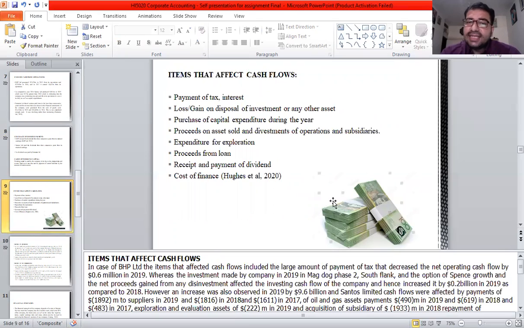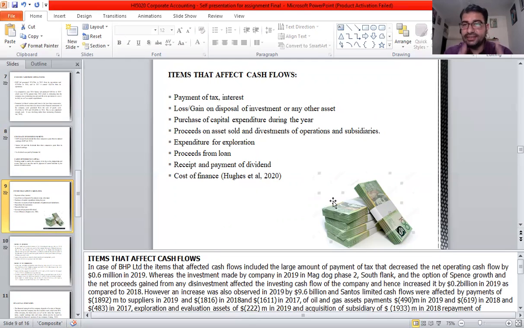Items that affected the cash flow were the payment of tax, interest, loss or gain on disposal of investments or any other assets, purchase of capital expenditure during the year, proceeds on assets sold, the operations and subsidies, expenditures for exploration, proceeds from the loan, receipts and payments of the dividends, and cost of finance, as mentioned in the 2020 report.